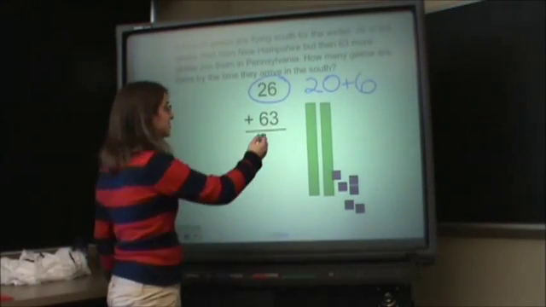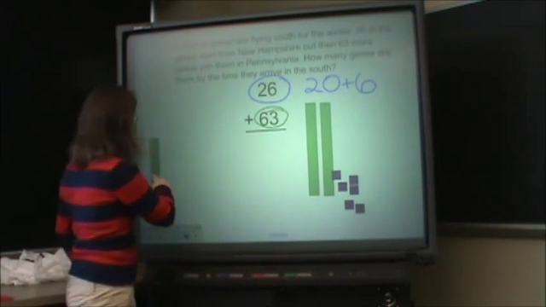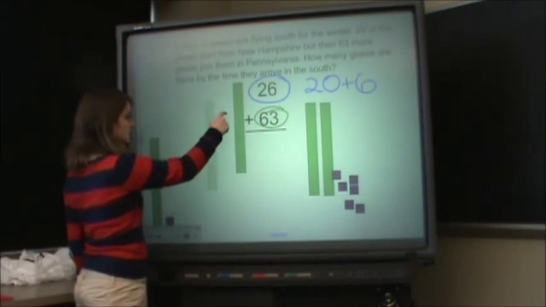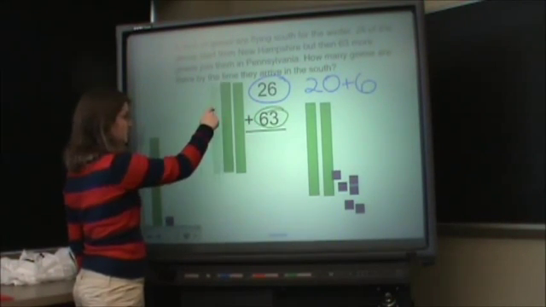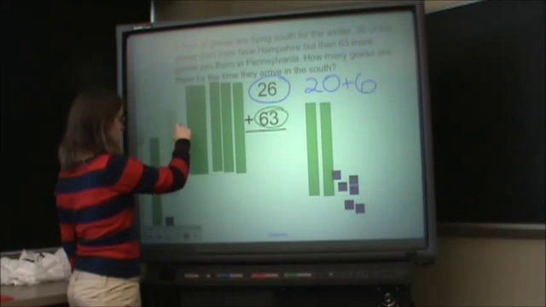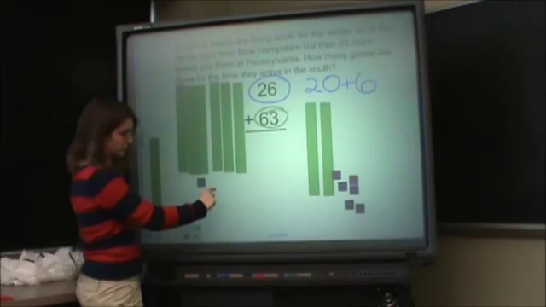Now what about 63? Let's pull that one apart. We'll need 6 longs and 3 shorts or 3 ones.